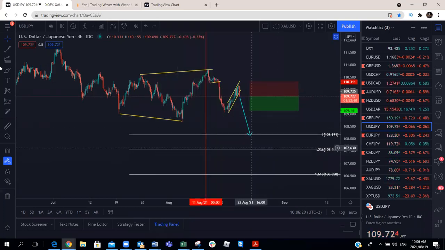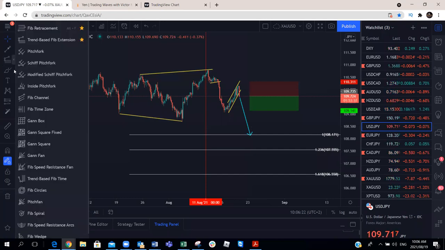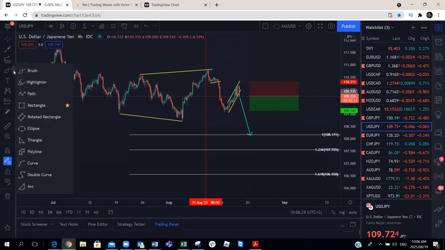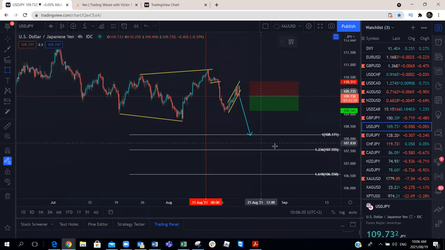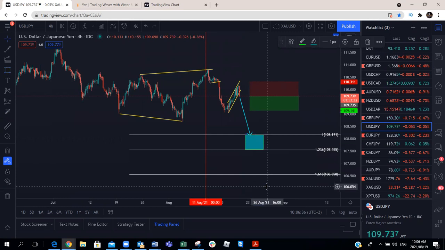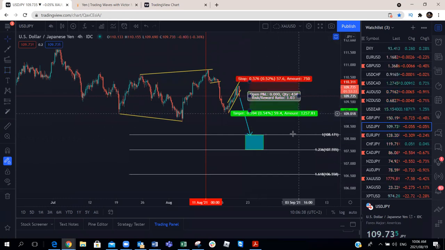And then alert. So we want it to get to the blue box. Indicators are confirmed. Let's just mark the blue box there. So that is your setup, guys. That 4-hour candle closing below the flag. We are looking for this to come down onto the blue box.